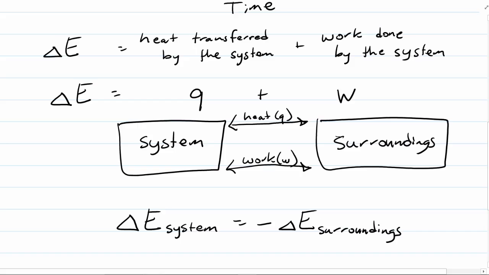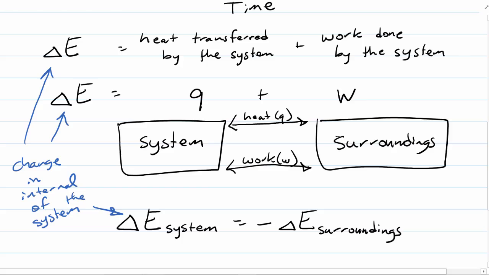And as we label these items here, we might talk about the change in internal energy of the system. That's going to be this one right here, that'll be this one, and this one here. All of these here represent the change in internal energy of the system.